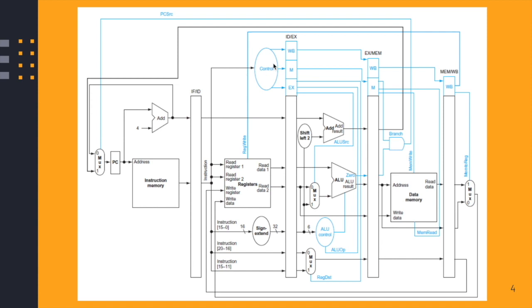So actually, the control unit cannot alone determine using the opcode which instruction you are performing. Are you performing an addition or a subtraction, for example? Therefore, we need the help of the function bits to enter the ALU control to inform the ALU about the operation to be performed, whether I'm a subtraction instruction, so I need to perform subtraction, or I'm an addition instruction, so I need to perform addition.